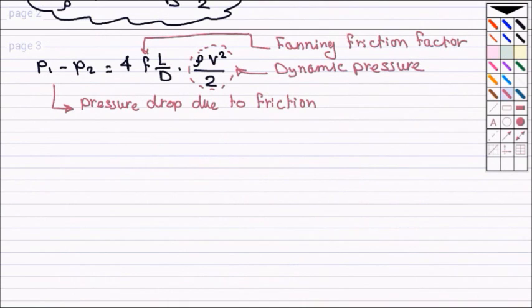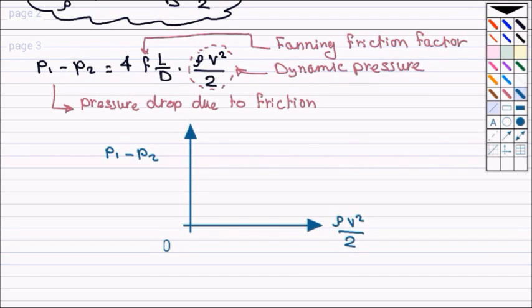We can get the Fanning friction factor experimentally by plotting the pressure drop due to the friction against the dynamic pressure. So the slope will be 4FL by D, and by this I can get the Fanning friction factor.